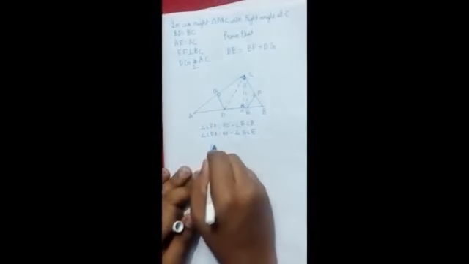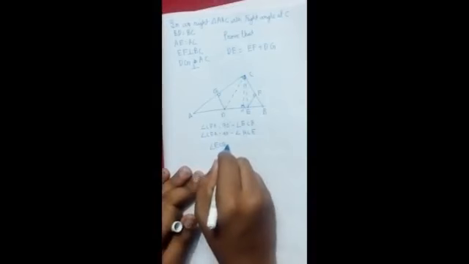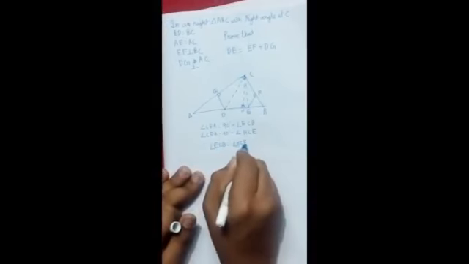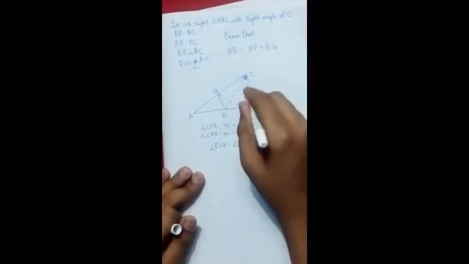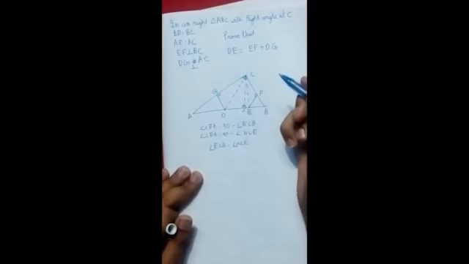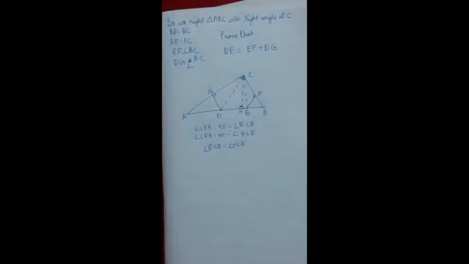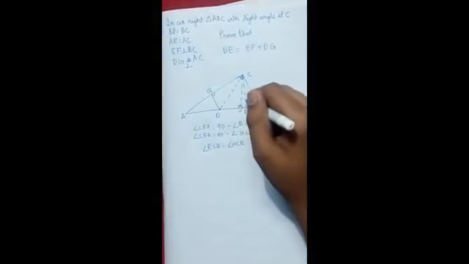Therefore, we can tell angle ECB is equal to angle HCE. These two angles are equal. This diagram is not to scale at all. Okay, no problem. Let it be.